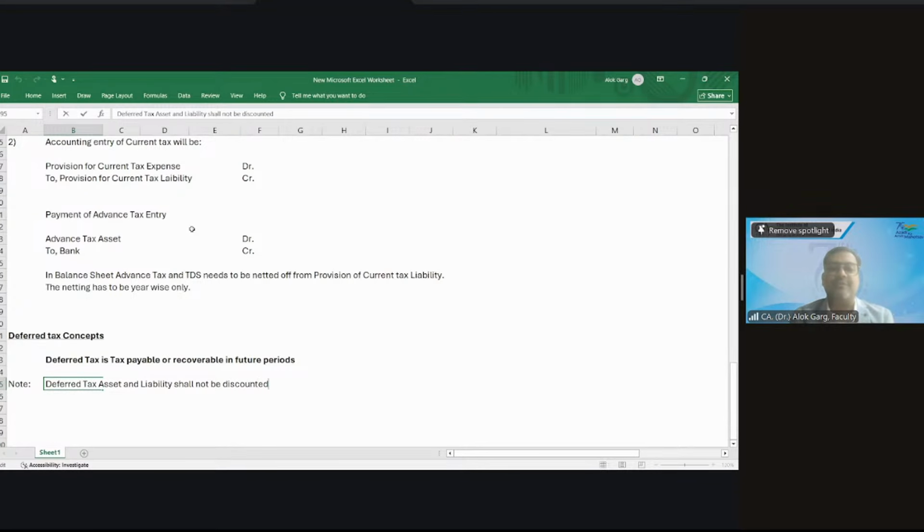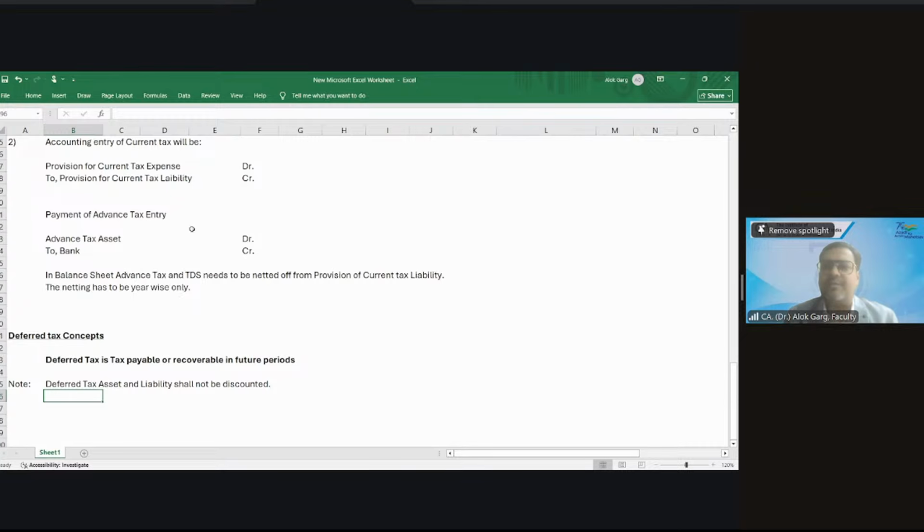And friends, let me tell you something. When I took the interview of fresher chartered accountants, I always used to trap them. I set the context and emphasize: the company has created a deferred tax asset, and this deferred tax asset is going to be recovered after 5 years.